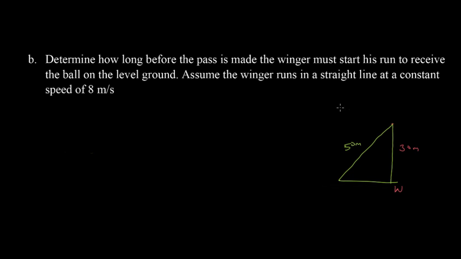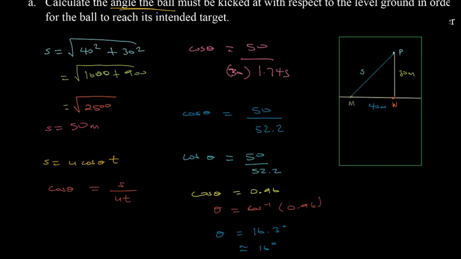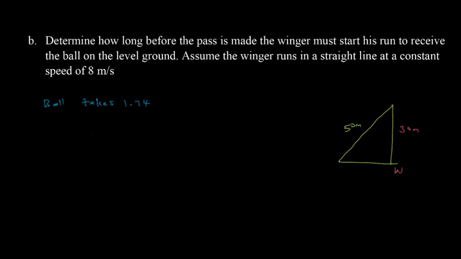Now we know that the ball takes 1.74 seconds to travel 50 meters, right? And the winger will travel 30 meters in a given time.